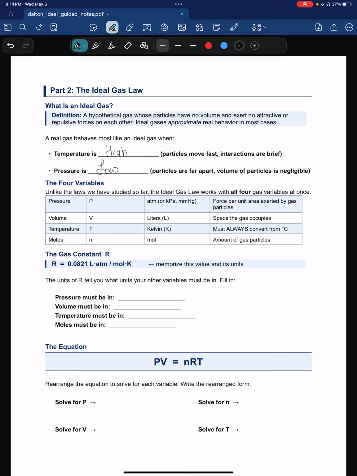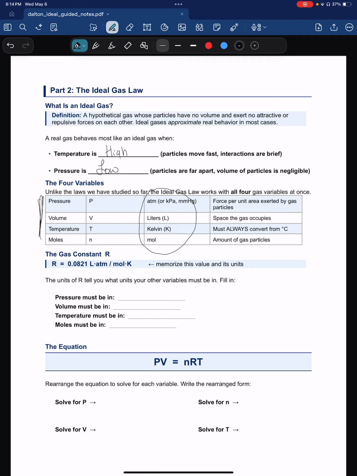The ideal gas law actually puts all 4 of them together. And so if we look at this table here, we can see that we have the four different variables, and they all have specific units that I've put them in.